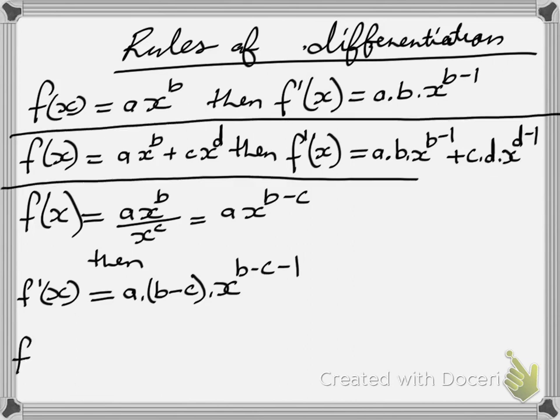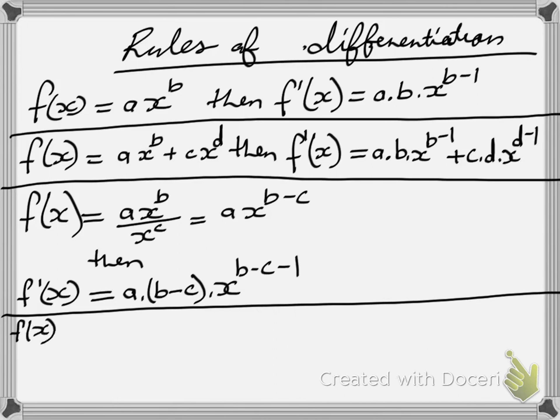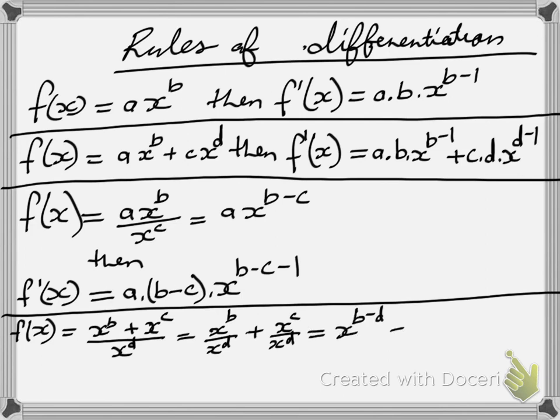Moving on. Let's say you are given f of x equals x to the power of b plus x to the power of c, divided by x to the power of d. So we need to simplify and write it in line format first. We divide each term by the denominator, and then we write it in line format, which will be f of x equals x to the power of b minus d plus x to the power of c minus d.